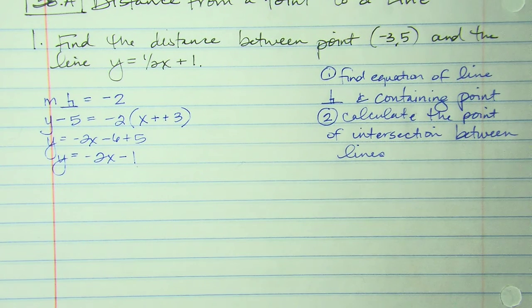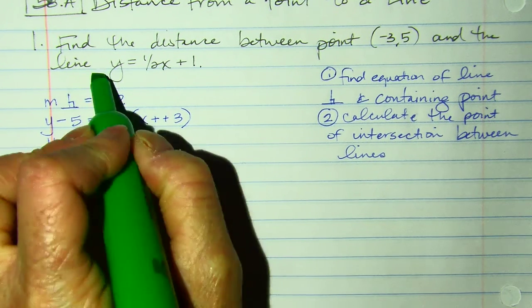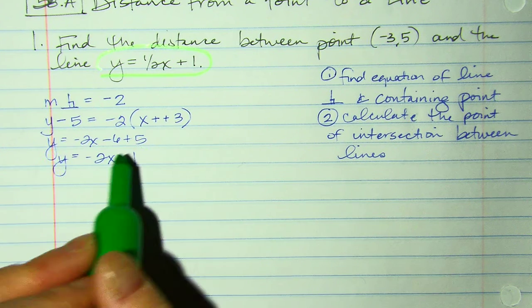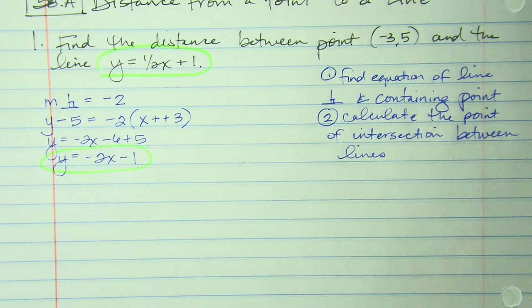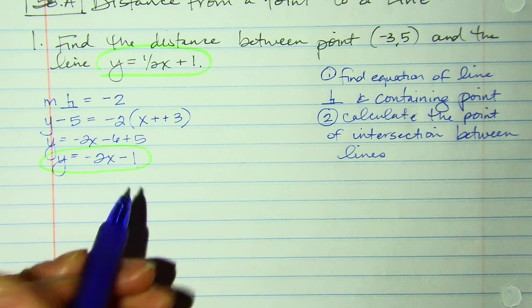Okay, so I'm now looking at this equation and this equation, and I want to know where the two intersect, because once I find where they intersect, I can use the distance formula between the two points. So the easiest way here is to set these equal to each other. I have a statement for y. It's technically substitution, but I'm going to set them equal to each other.